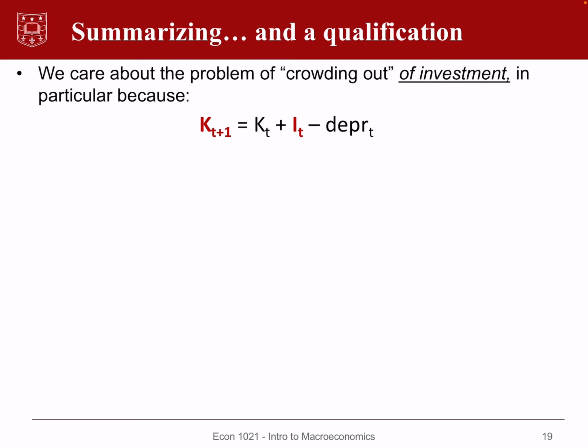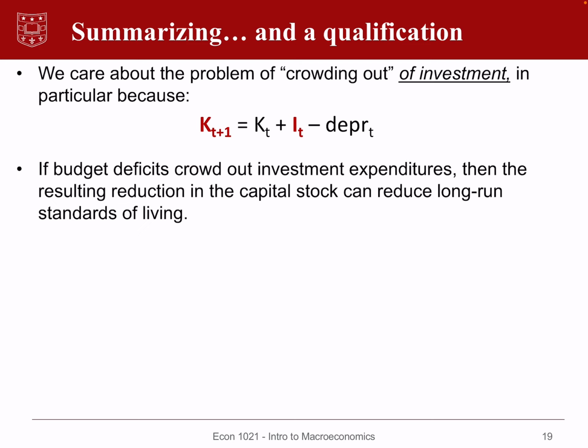Now, why do we care about this? We care about this problem of crowding out because we had the observation that the capital stock next period, the physical amount of stuff that we have available to produce goods and services in the future, is dependent upon the amount of investment that happens in current times.